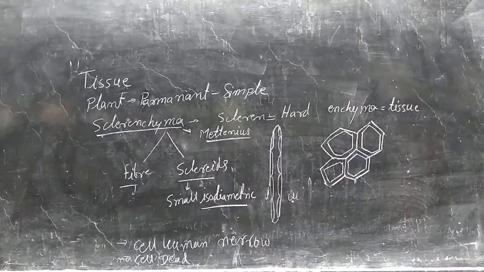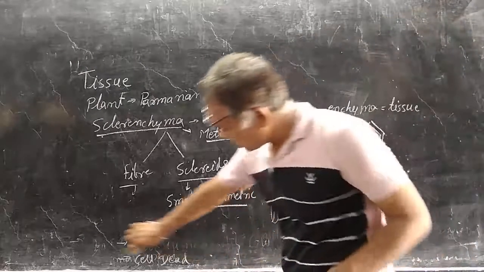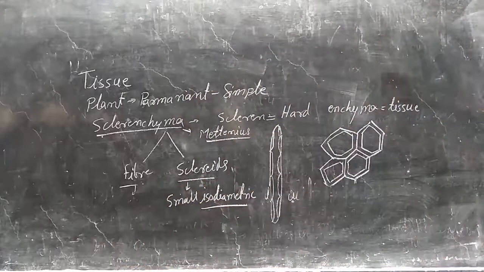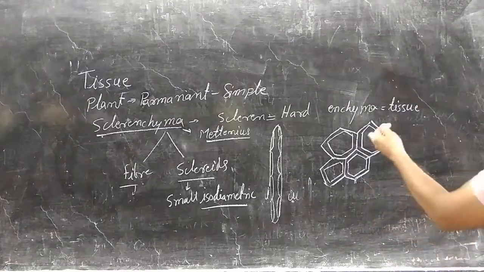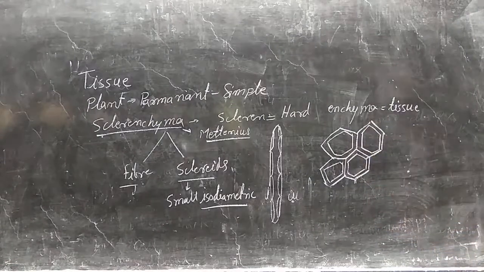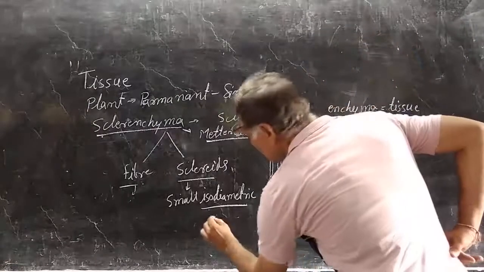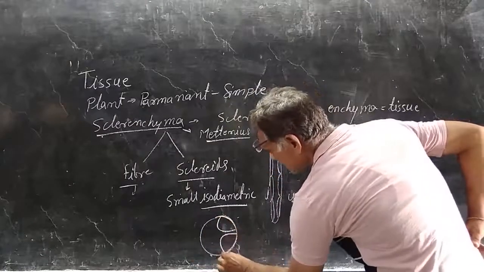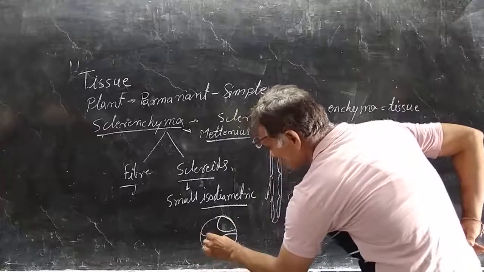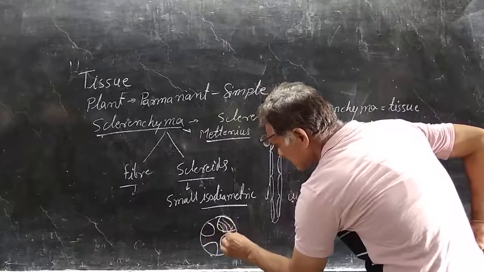Isodiametric: iso means equal, so the diameter is equal from all sides, like this way. Such small cells are isodiametric. And I can draw the diagram like this. These are the sclereid cells.